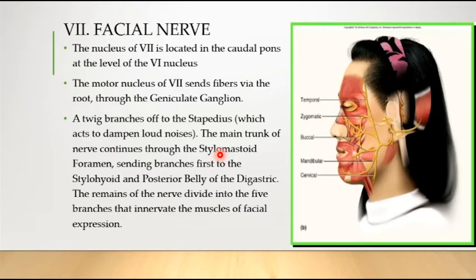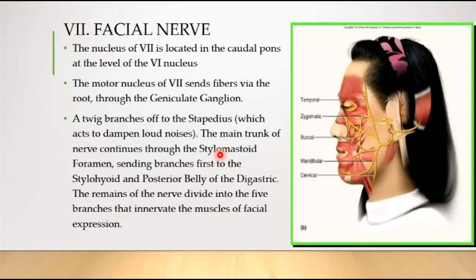So the issue of the involvement in stroke, I think it's because of the radiation, the cortical pattern radiation. So it's not really the nucleus.